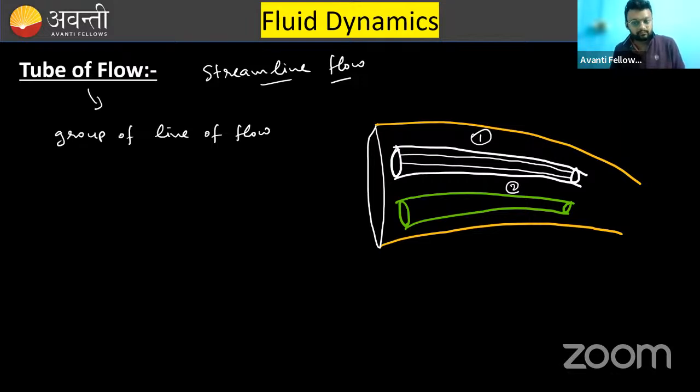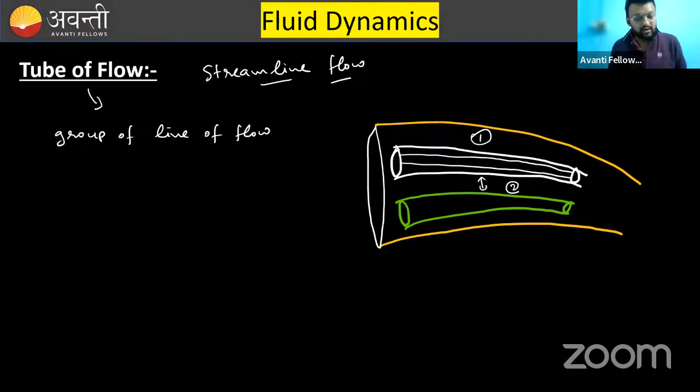Is it clear? That means in any two tubes, for a streamline flow, liquid can never intermix. If you consider a tube of flow, then liquid can neither leave the tube nor enter the tube. Just listen to me very carefully. Two lines of flow can never intersect each other.